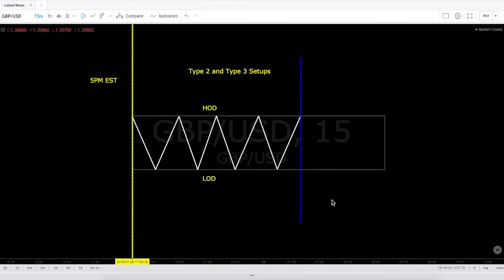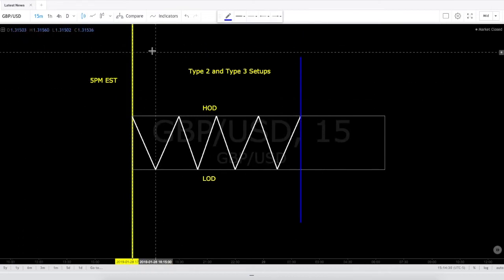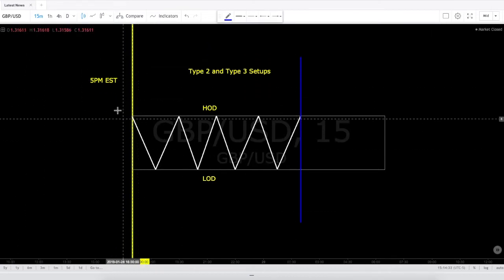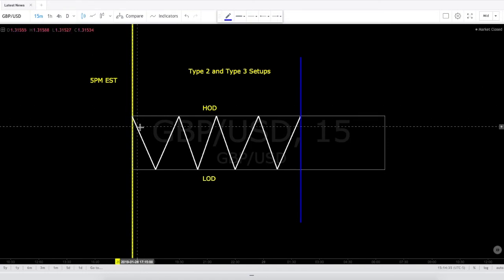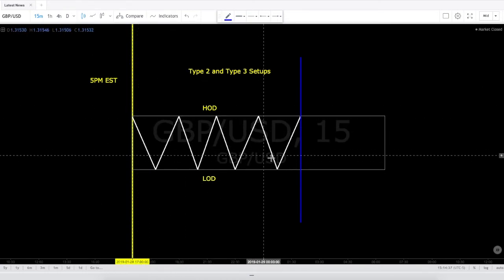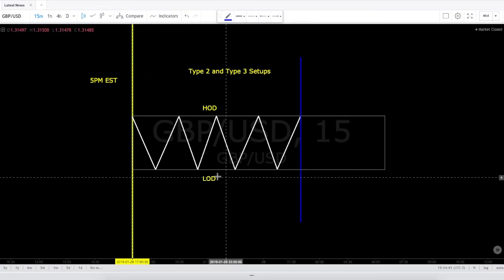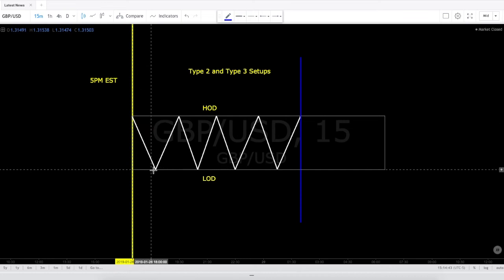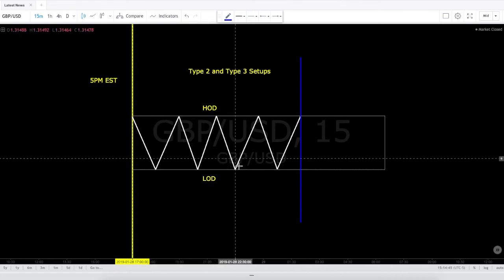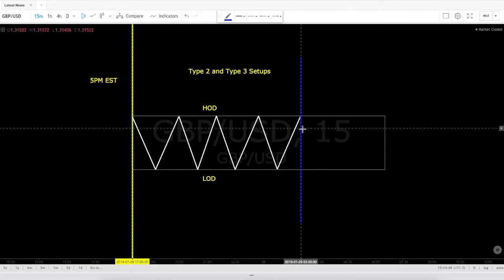For a type 2 setup, the important thing when we look at these types of setups is the beginning of the day here, 5 p.m. Eastern time. We know that the Asian range starts and goes pretty much until 2:33, and the Asian range will set its initial high and low of the day and trade back and forth between them.